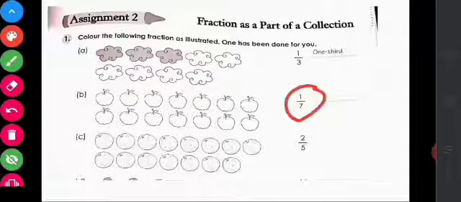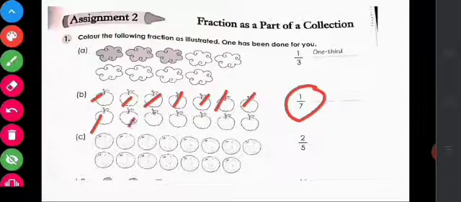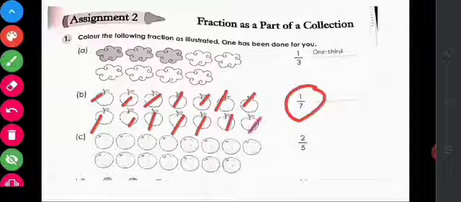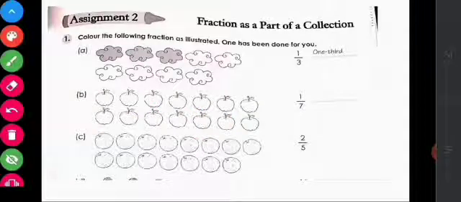1/7. Divide equally into 7 equal parts. Count the apples, 1, 2, up to 14. 14 is given. You have to divide into 7 equal parts. So in each part, how many apples? 2 apples.